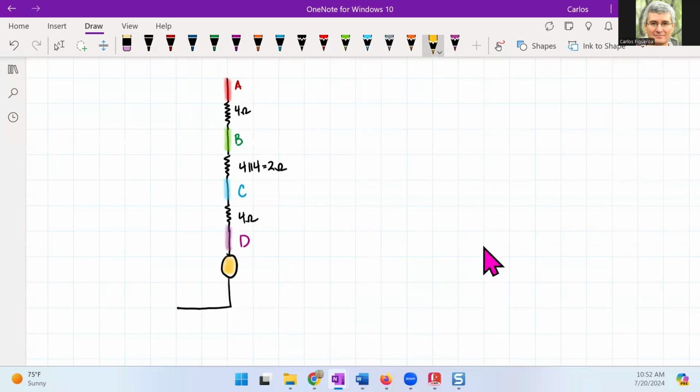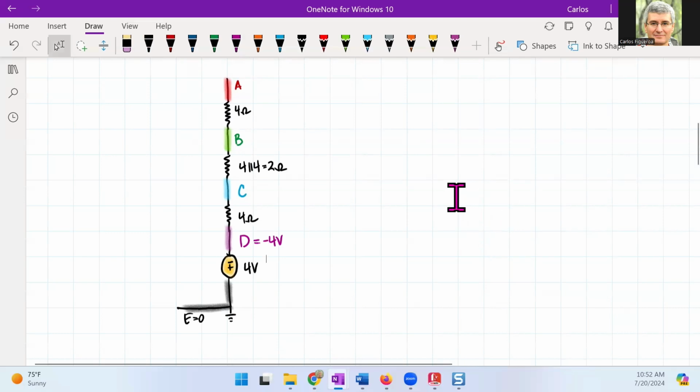So this source is in the opposite direction, and that's 4 volts. So if this is the ground right here, and this is what we called 0, then I know that this guy right here is 0 volts. That forces D to be minus 4 volts.